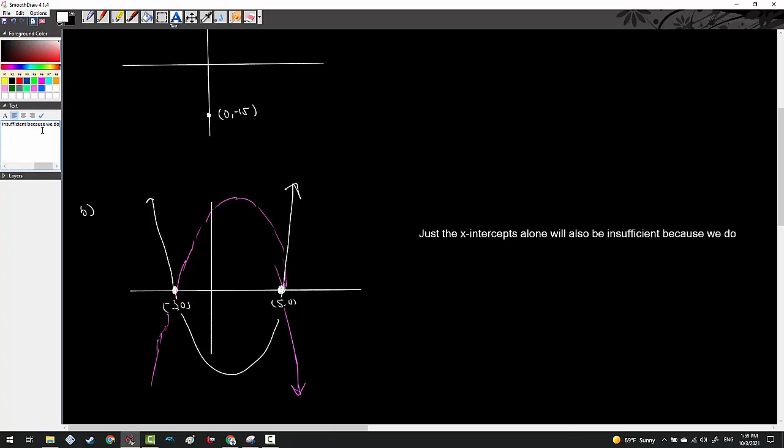because we do not know, let's say, the facing of the parabola, if it is upwards or downwards. We also don't know the width of the parabola.